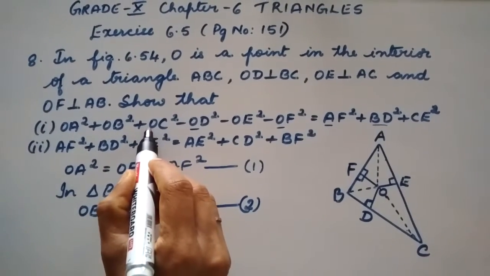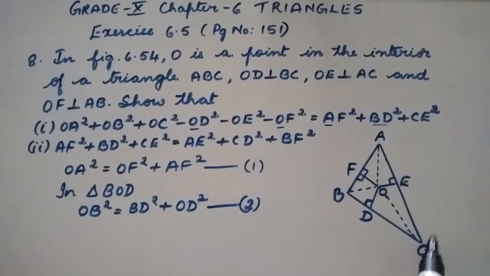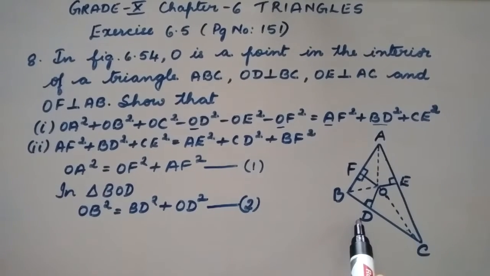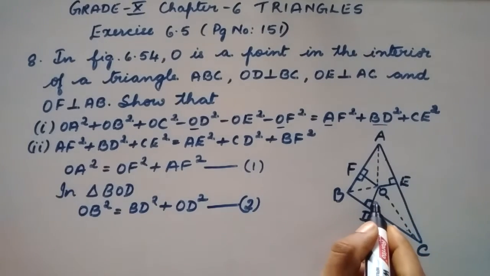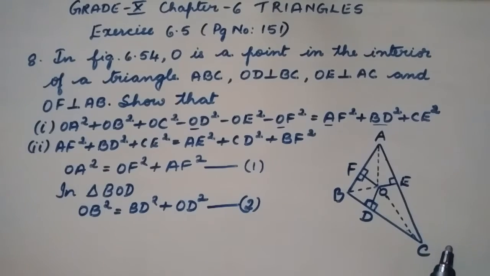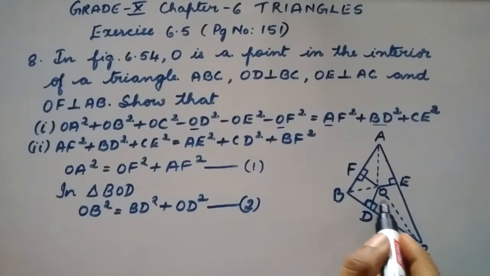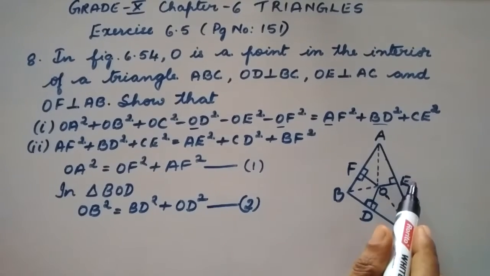And next is OC. So we find the side OC in triangle OCE and in triangle OCD. So here in triangle OCD, we have angle D which is equal to 90 degrees. So OC will be the hypotenuse. The other sides are OD and CD. So we find OD here, but we don't find CD. So we cannot consider this triangle. Let us consider this triangle, that is triangle COE.